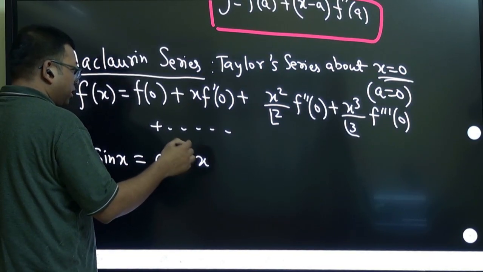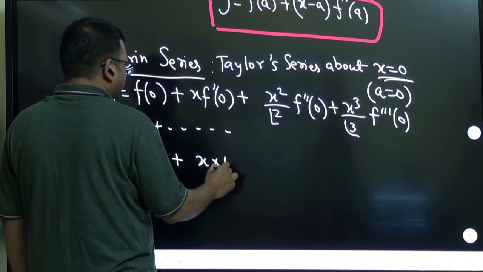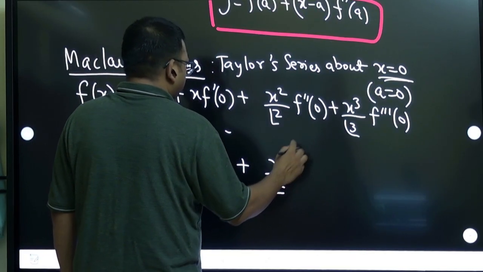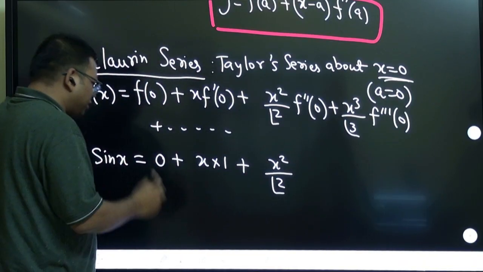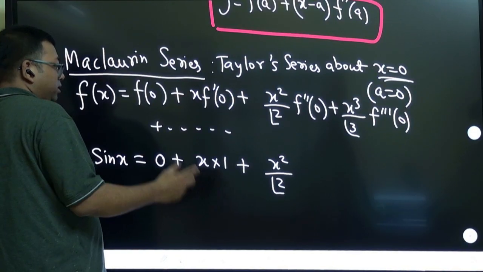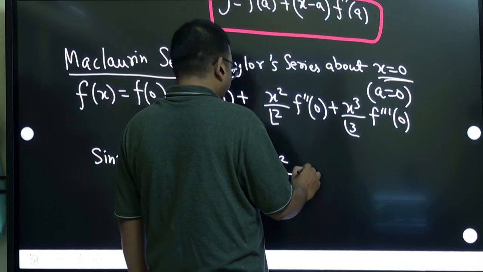Cos x you got, and put 0 there, so it will become 1. Correct? Plus x square by factorial 2 into f double dash. Sin differentiation becomes cos, cos differentiation becomes minus sin, but again you put 0, so it will become 0 only.